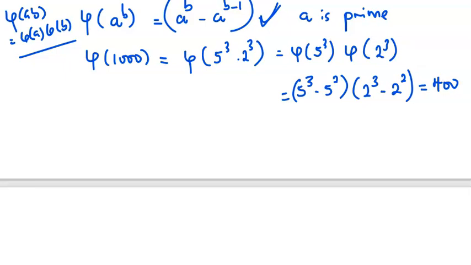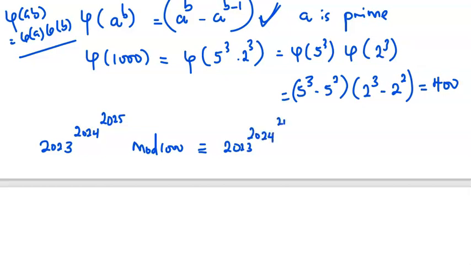So now we have to write that as 2023 to the power of 2024 to the power of 2025 modulo 1000, which is congruent to 2023 raised to 2024 raised to 2025.